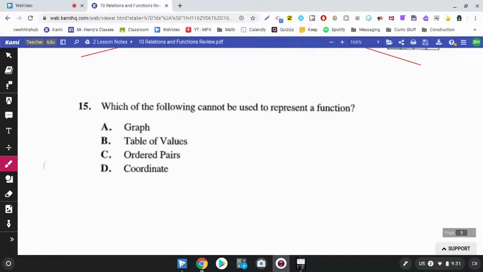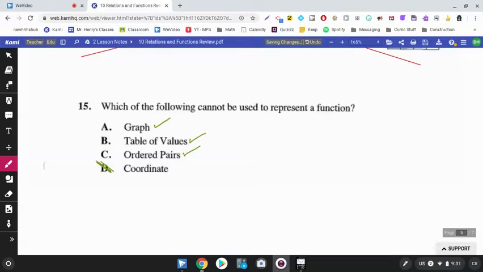Well, a graph can definitely be used, right? Yeah, we've seen that all the time. Most graphs we look at are functions. Table of values, yeah, as long as all of my inputs are unique, good. Bunch of ordered pairs, yeah, good.